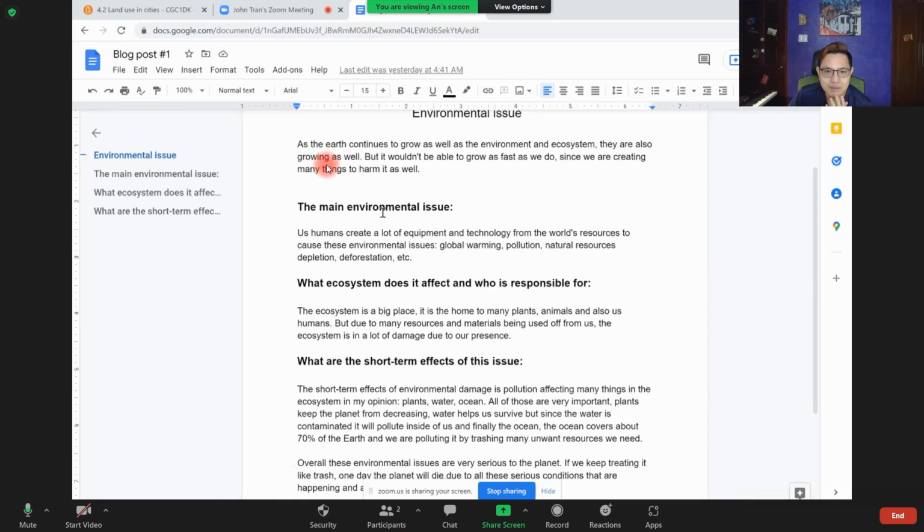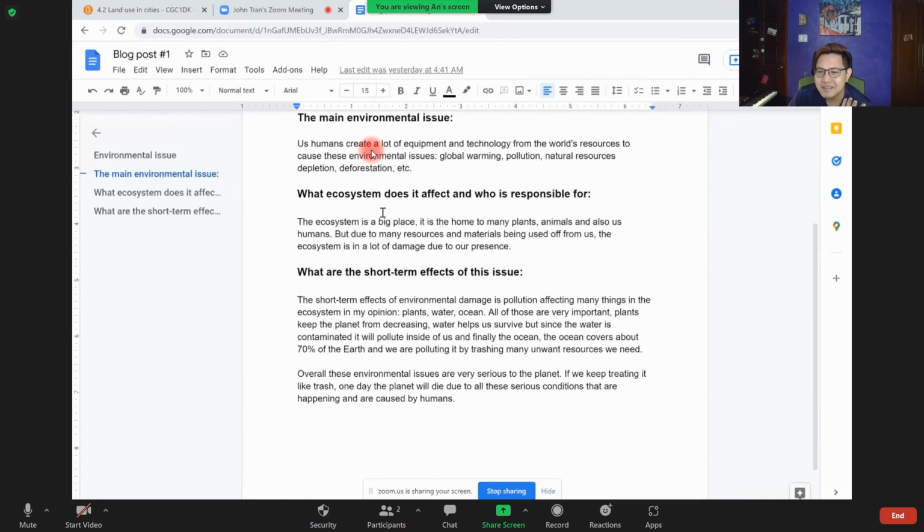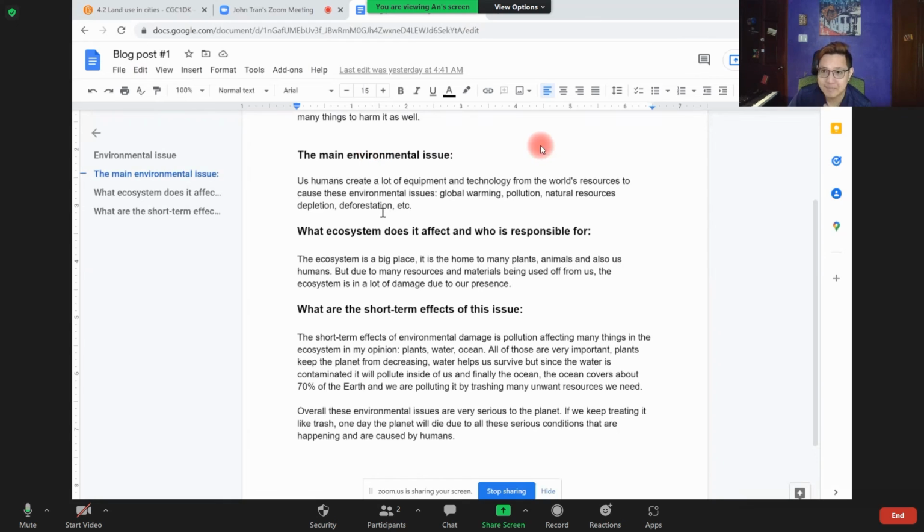They are also growing as well, but then in the next sentence you say they wouldn't be able to grow. You should use the same personal pronouns so it won't produce confusion.